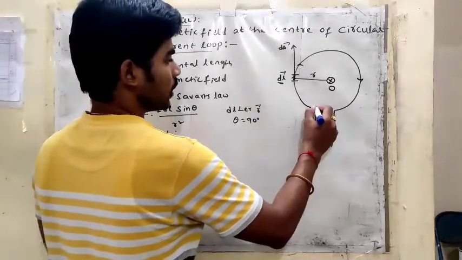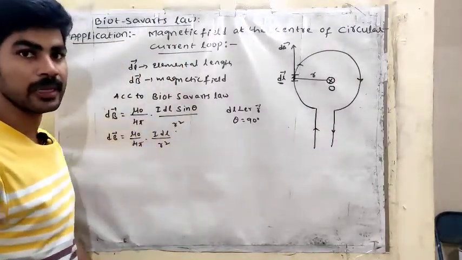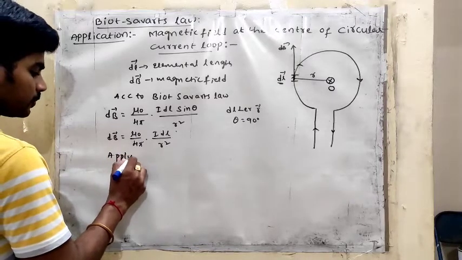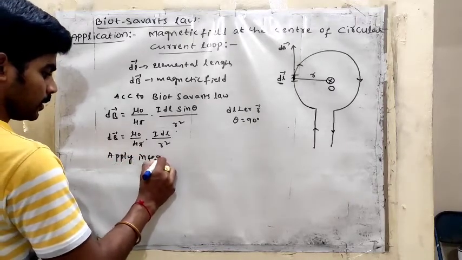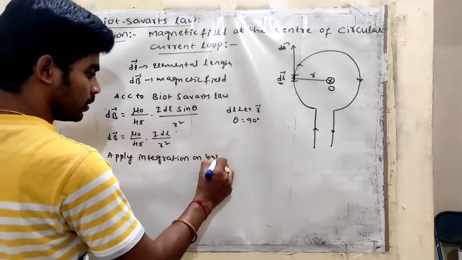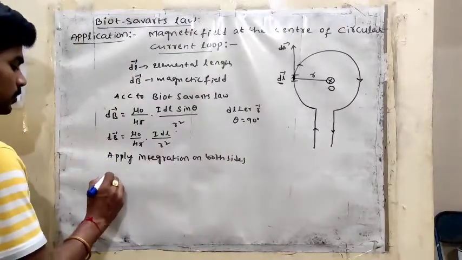I need the total magnetic field in the circular loop. What can we do? Simply we can apply integration on both sides.